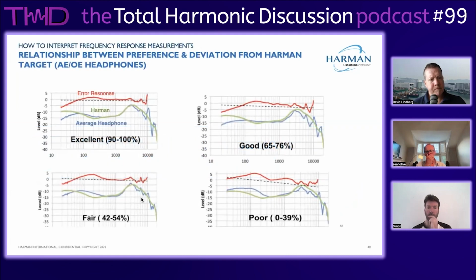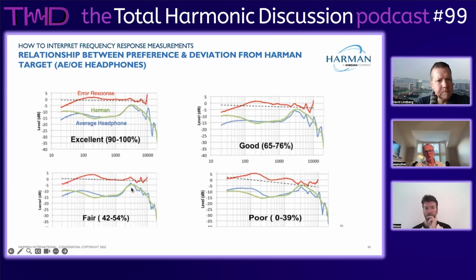So the next thing, we wanted to know whether we could just look at deviations from the Harman target and predict how it would score in a blind listening test. So it's a very simple model. It just looks at different statistics for calculating these deviations.